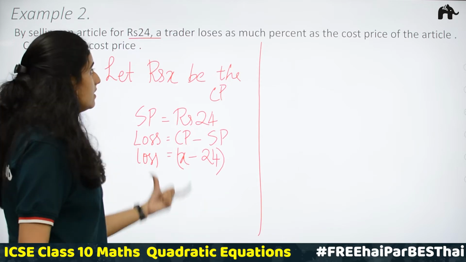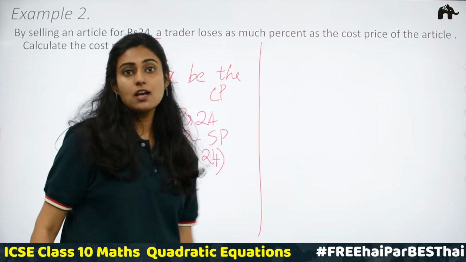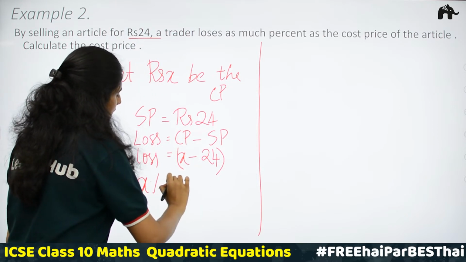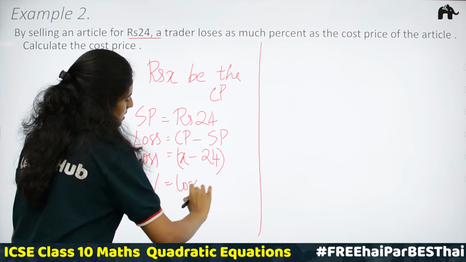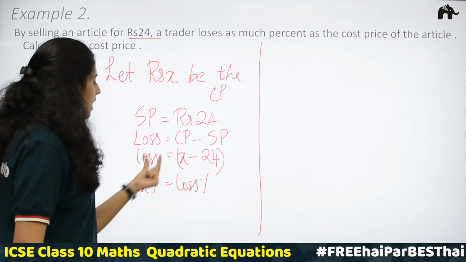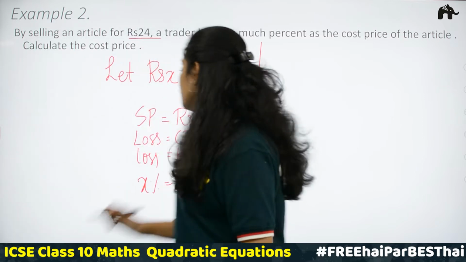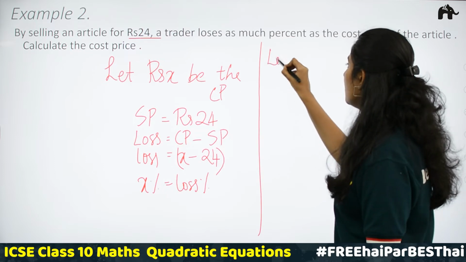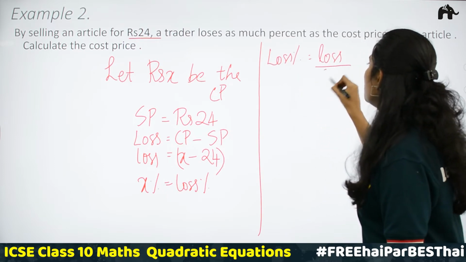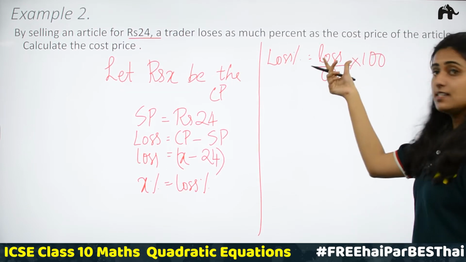Now, it is given that a trader loses as much percent as the cost price, which means X percentage is the loss percentage. We can have a formula to find loss percentage. You remember that? Loss percentage is equal to loss divided by cost price into 100. Yes. Here what is loss?